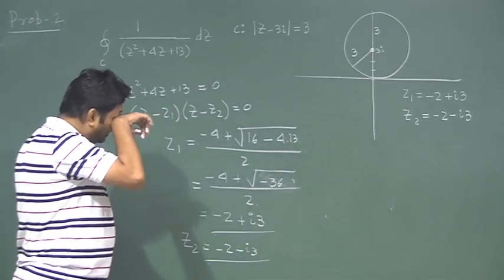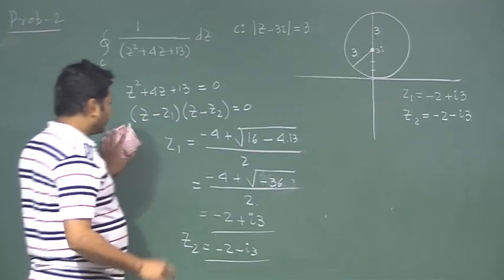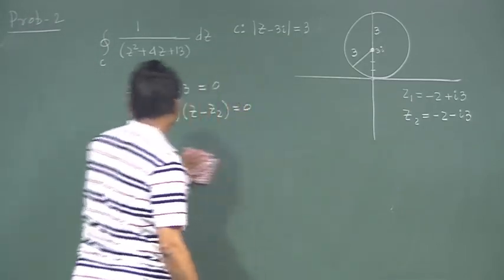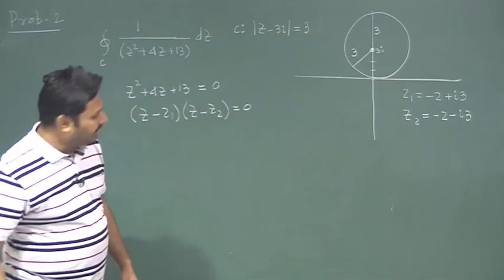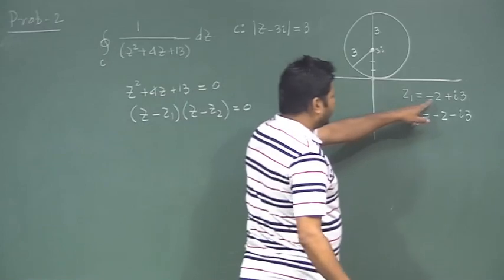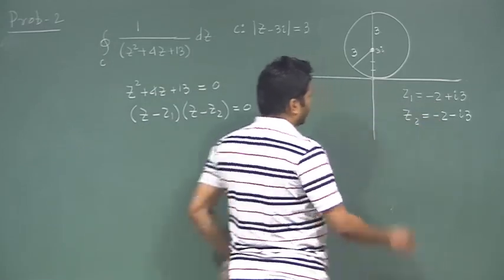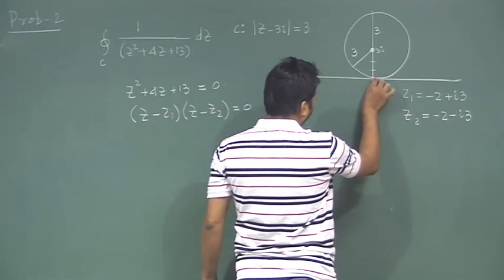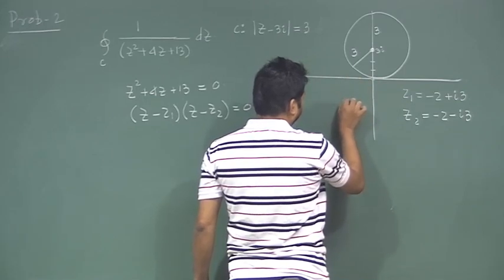Once I have these 2 points, then I need to consider which of these points is inside and which is outside. You can readily find which point. Say the z2 point is minus 2 minus i3. What is the coordinate of this point? Minus 2 minus i3. So, minus 2 is somewhere here and minus i3 is somewhere here.